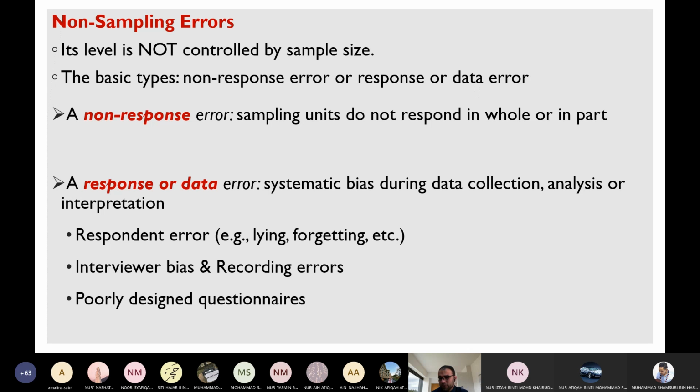What actually is the other variation, not sampling error? Not due to sampling, not due to chance. This is what we call non-sampling error. Non-sampling error is directly related to the way you conduct the research.